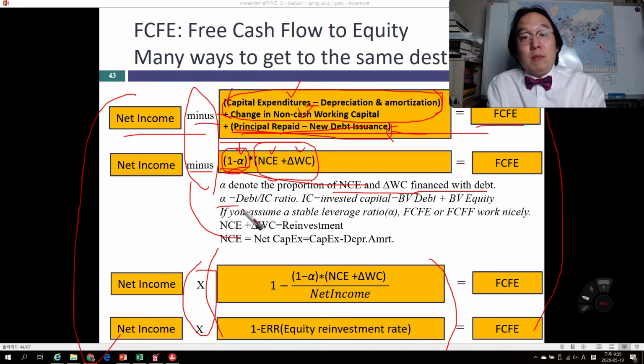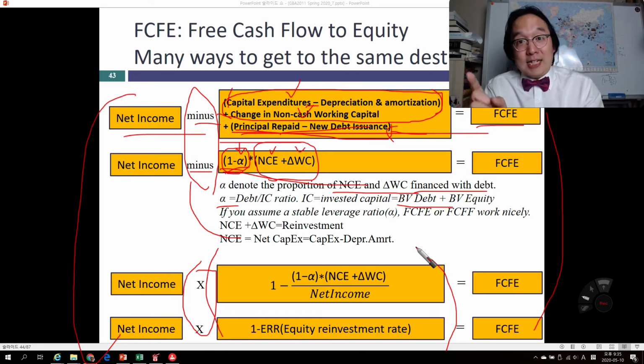Debt, what do you mean by debt? Let me be clear about this. Interest-bearing debt. This is about the financing part of it. This is not the total amount of liabilities. Forget about accounts payable. Forget about deferred tax liabilities.